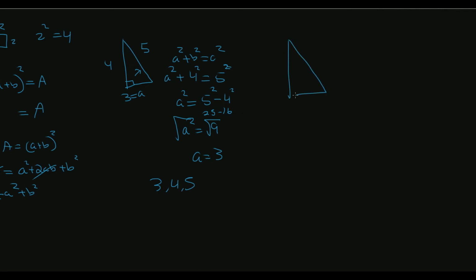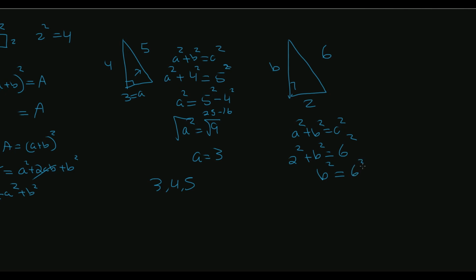Let's do another example. I'll make it up. Let's say this is 6 and this is 2. What is this? You do not have to label them as A, B, and C. I'm just doing that to have some consistency here. So I know a squared plus b squared equals c squared. That's the Pythagorean theorem. So how do I solve for this leg, b? One of the legs is 2, so 2 squared plus b squared is equal to, the hypotenuse is 6, so 6 squared.